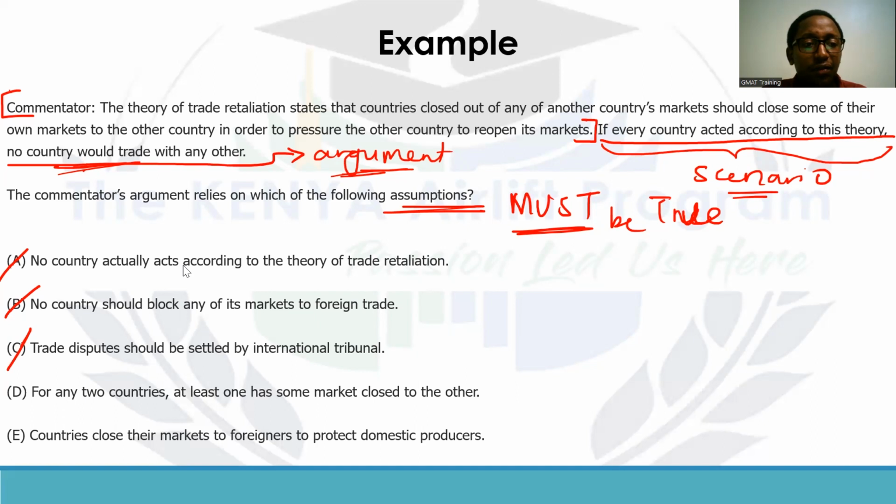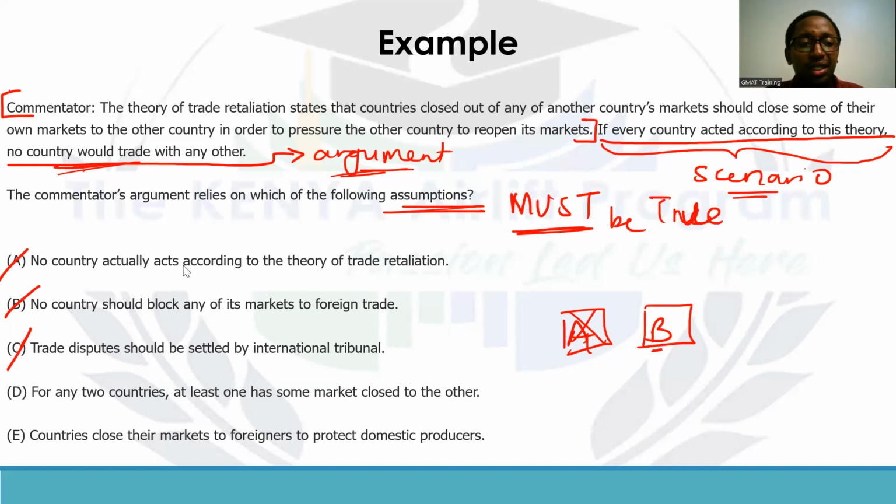Then D, for any two countries, at least one has some market closed to the other. So if we are given two countries, A and B, we are saying at least one has closed a market to the other. So maybe A has closed its market to B. That means now B will retaliate. And if you do that for all the countries, it will mean that every country will be blocked to the other country.